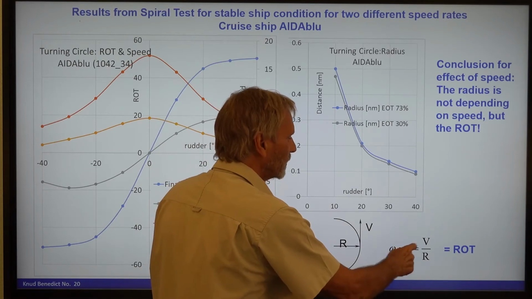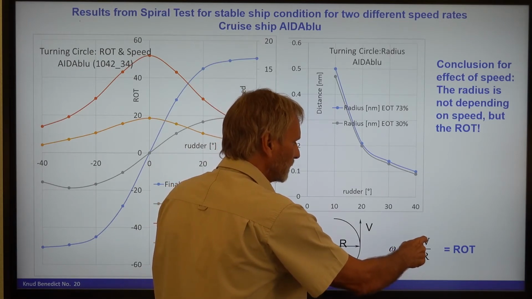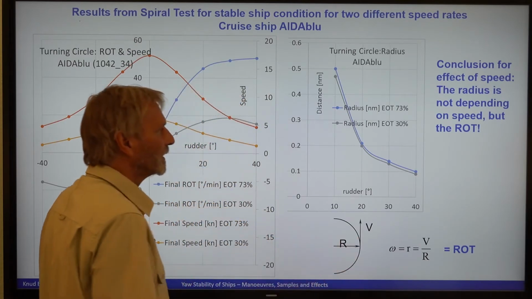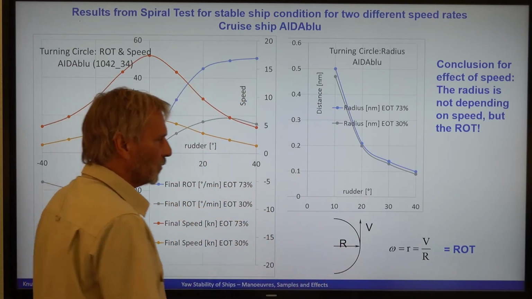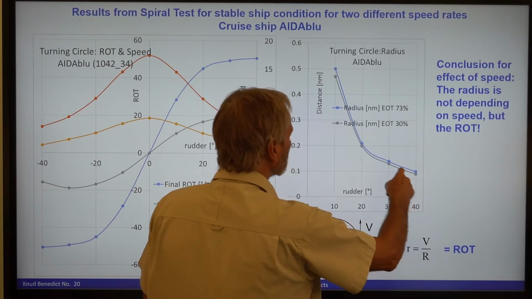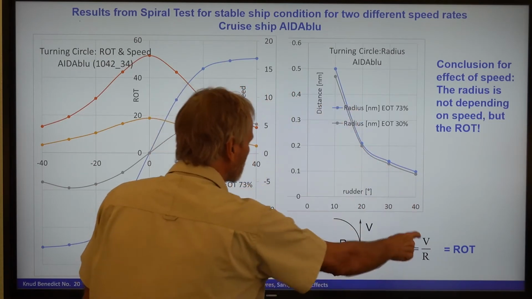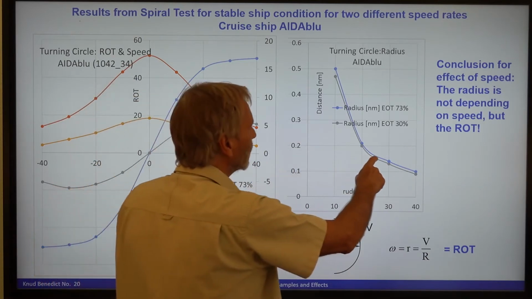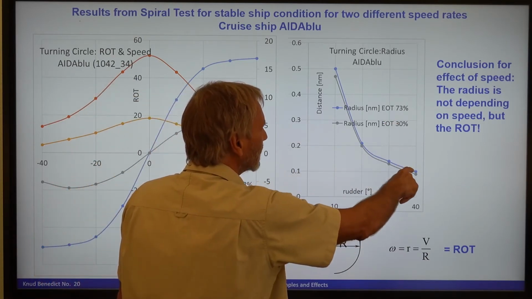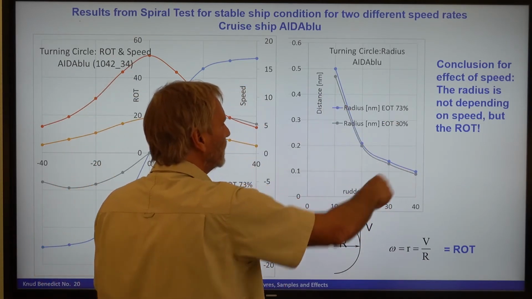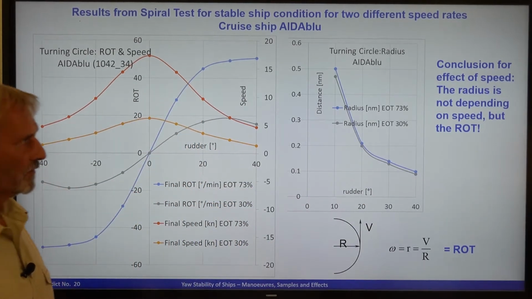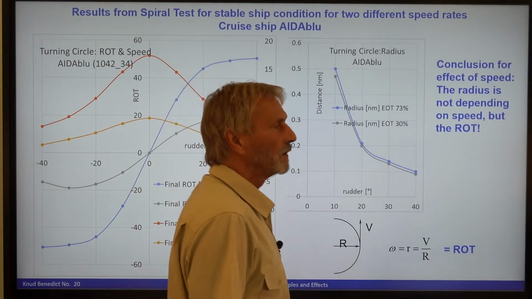The rate of turn is the ship speed divided by the radius, as you see it here. And so we got the radius here out of this data. And you see, for both experiments, for both speed rates, we got nearly the same radius. So the radius is not depending on the speed.